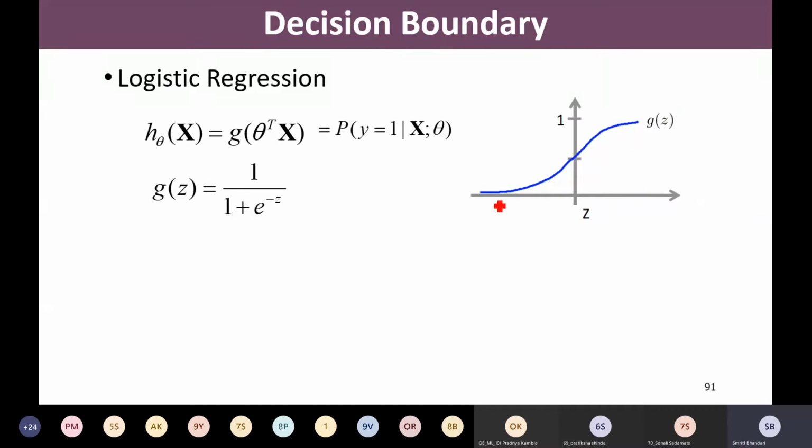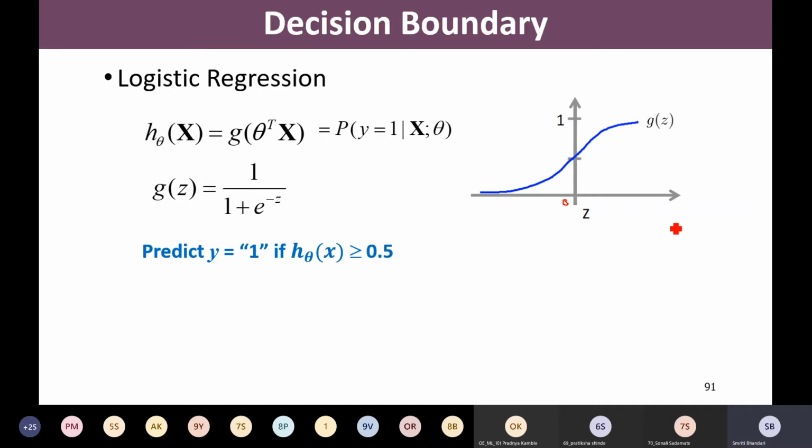My g of z, or my hypothesis, always lies between 0 and 1, right? So we had a discussion in the last session about all those concepts.